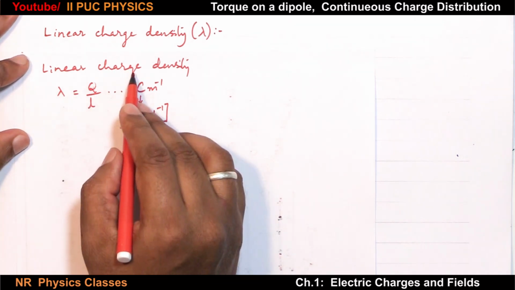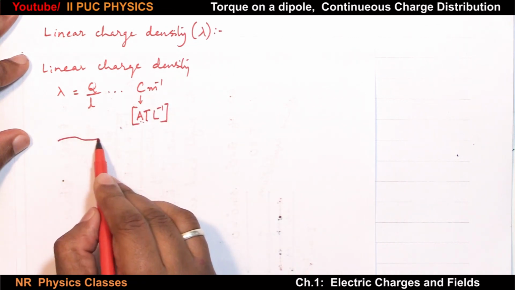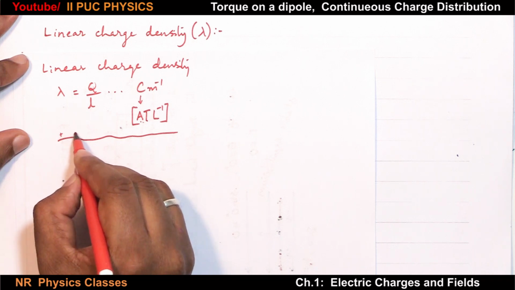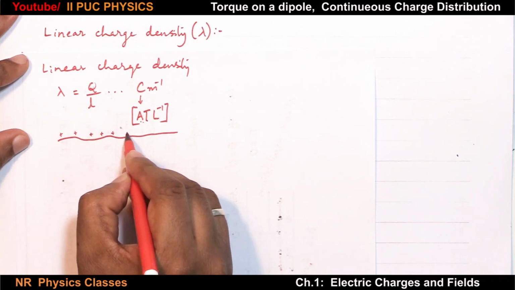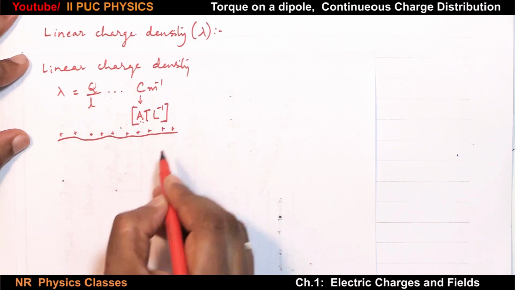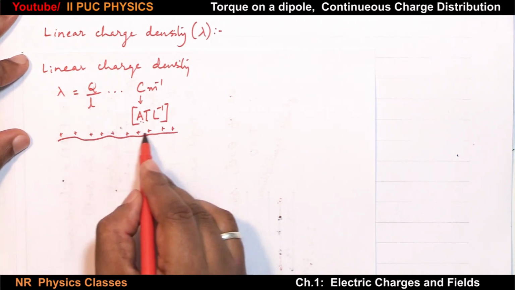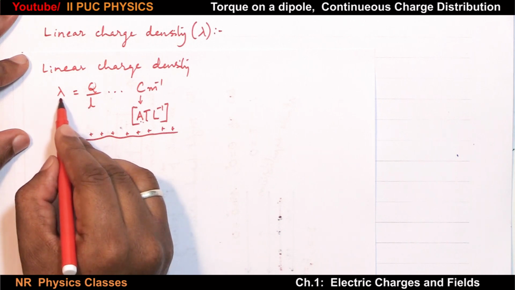Linear charge density is used whenever charge is on a line. If this is a conductor with charge on the conductor, something like this, then total charge by total length is lambda.